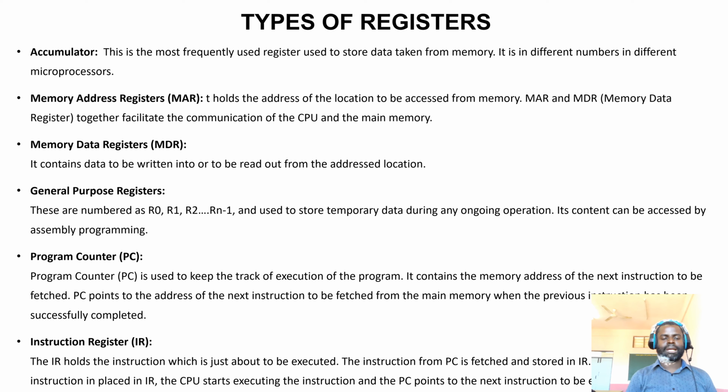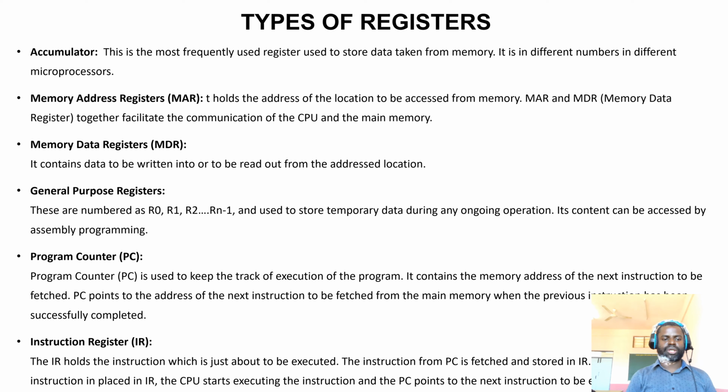Suppose if you are using the 8085 microprocessor, in this particular microprocessor we will have a different number of accumulators. Suppose if you are using 80286 or 80386, in these microprocessors we will have a different set of accumulators.